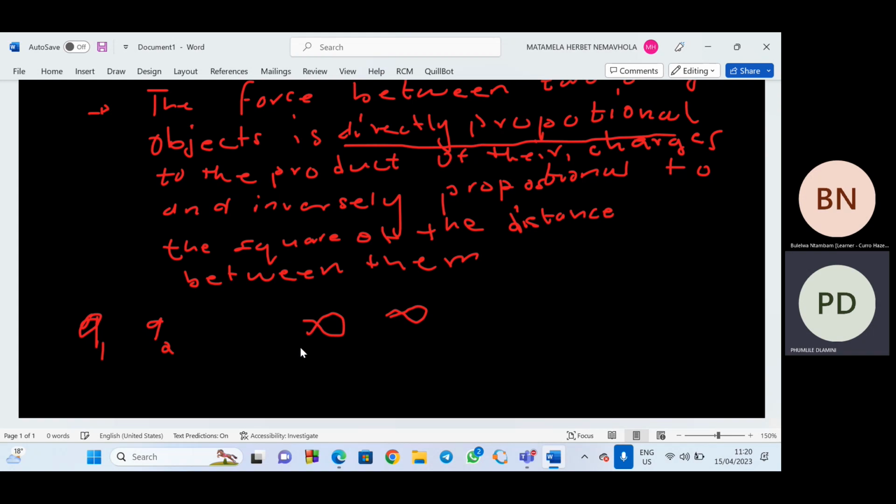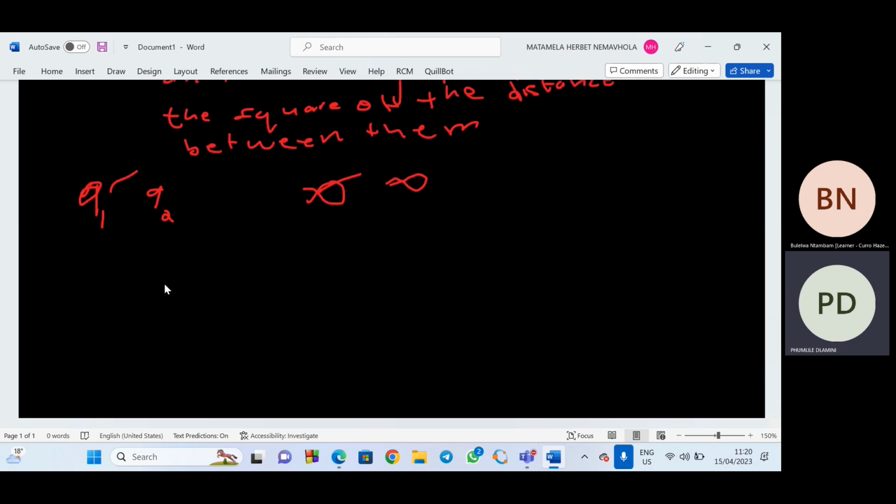When we say directly proportional or inversely proportional, we are saying that when this increases, this one also increases.